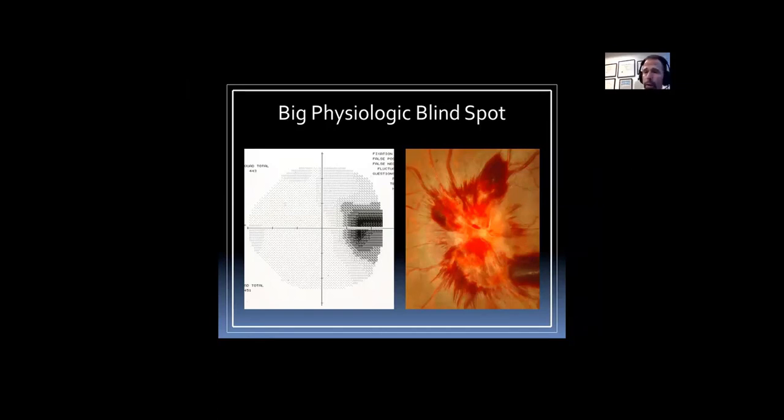Because no photoreceptors overlie the optic disc. When a disc is swollen, you see enlargement of the blind spot. Why? And it's not because there's some obscuration. It's because the swollen nerve pushes the adjacent retina aside. So there's a bigger blind spot. So a big physiologic blind spot doesn't really fit any of those anatomic correlates that we just talked about.